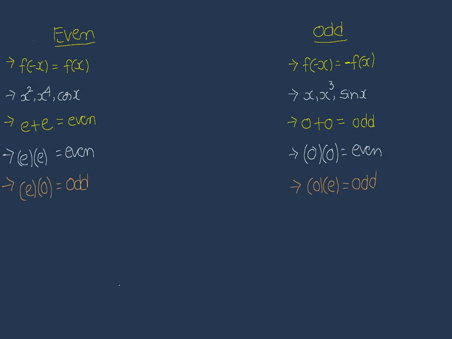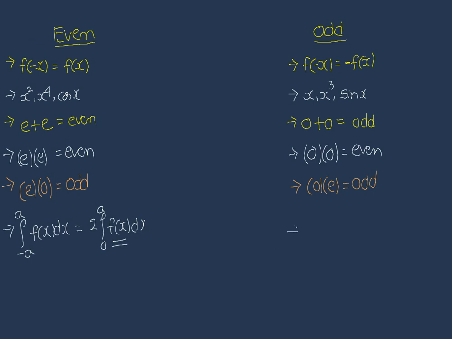Okay, so we have some results related to integration. Let us look at that also. So if the integration is between the limits minus a to a f of x dx, then you can write it as 2 integral 0 to a f of x dx, when f of x is an even function only.